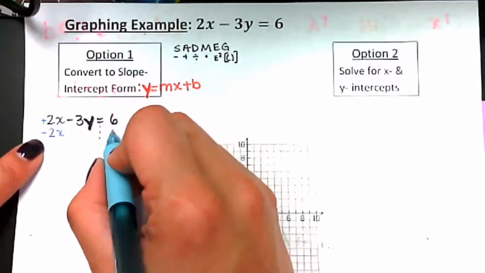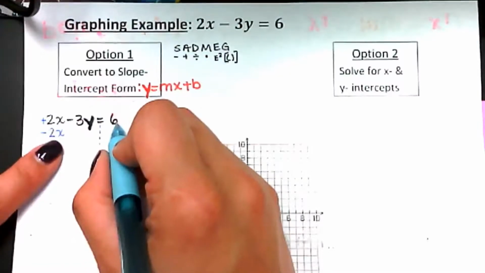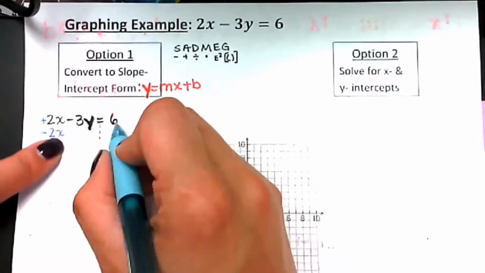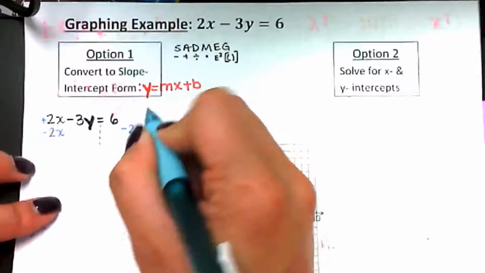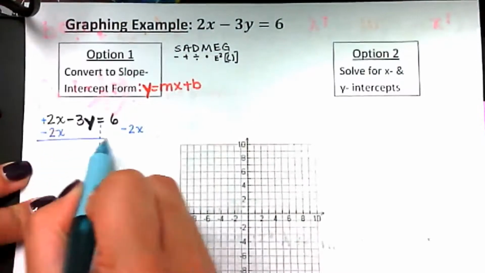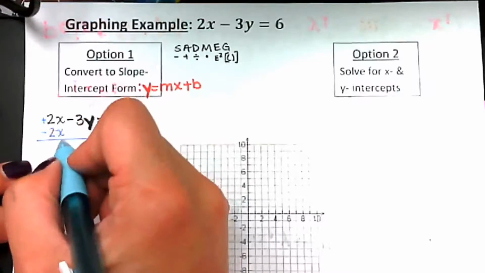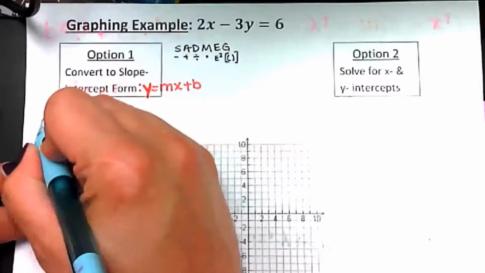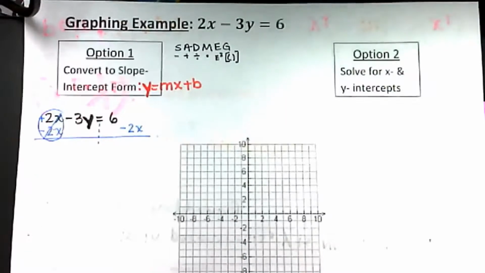Whatever I do on one side of the equal sign, I must do on the other. Now, this 6 doesn't have an x, so they are not like terms. So I'm just going to put this off to the side because I don't want to combine them. All right. 2x minus 2x, well, that's our yellow word, elimination. It becomes a big fat 0.